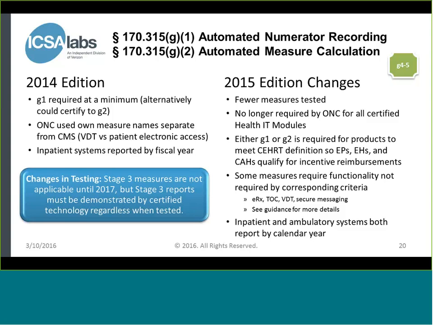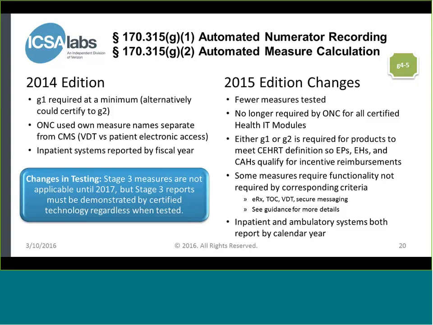So it's just one example of the type of functionality that CMS is expecting you to have to generate the correct measure reports, but ONC does not require that functionality for the associated criteria. So these are some of the things you need to be on the lookout for. So just making sure that you have all that required functionality, even if it's not part of the criteria.